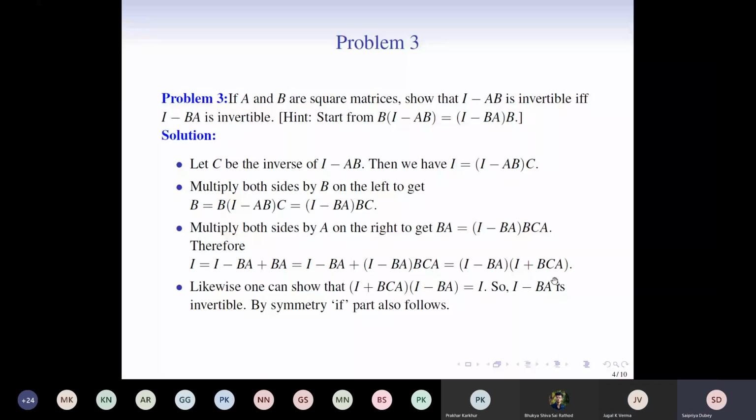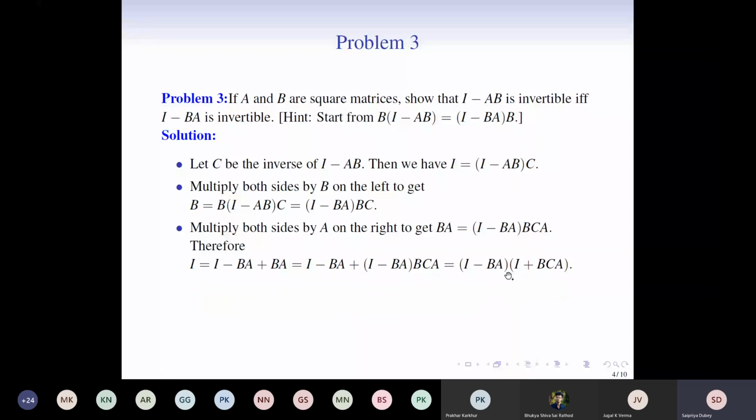And similarly, you can show that I plus BCA. So till here, I minus BA times I plus BCA is equal to identity, right? So from here, I can say that I minus BA is invertible.